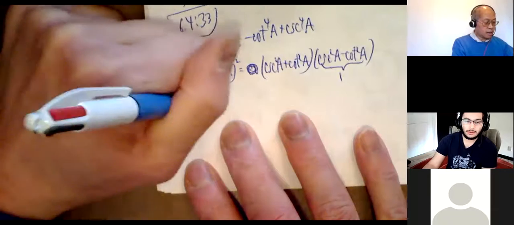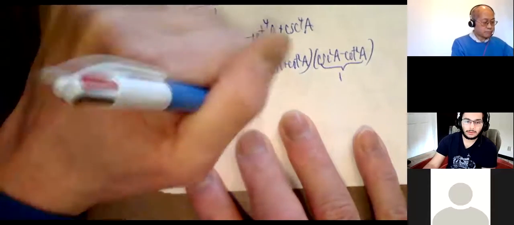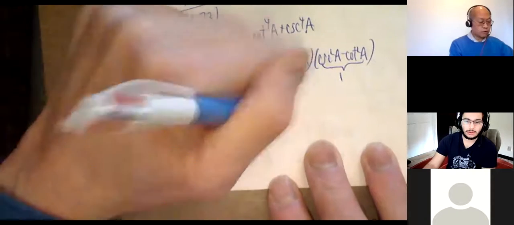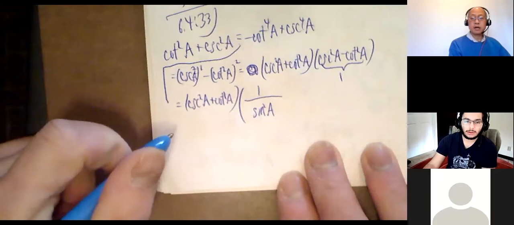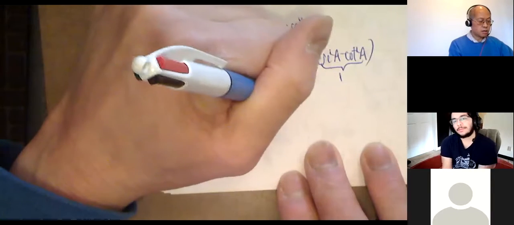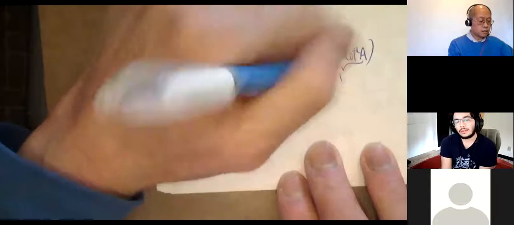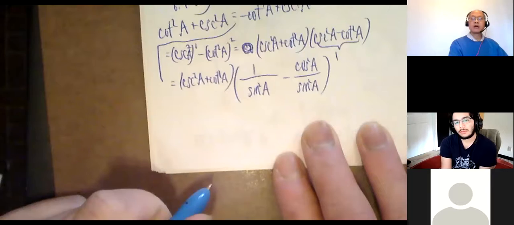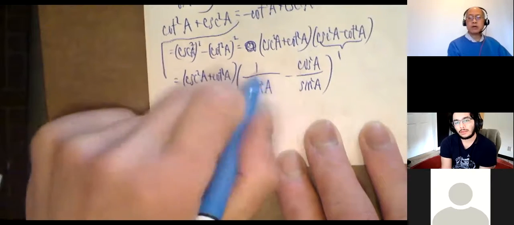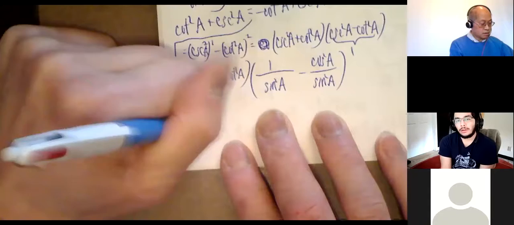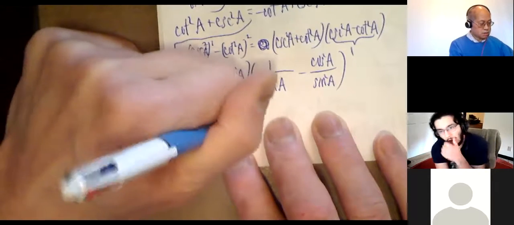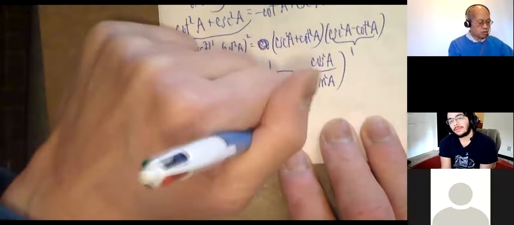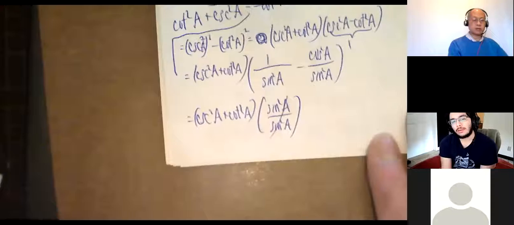So cosecant squared A plus cotangent squared A. Cosecant squared is 1 over sine squared A. Cotangent squared is cosine squared A over sine squared A. 1 minus cosine squared is sine squared A. Sine squared A over sine squared A, that cancels out, that's 1.